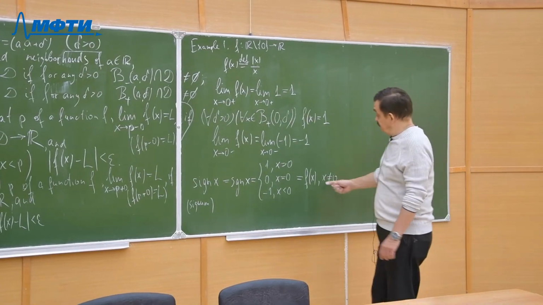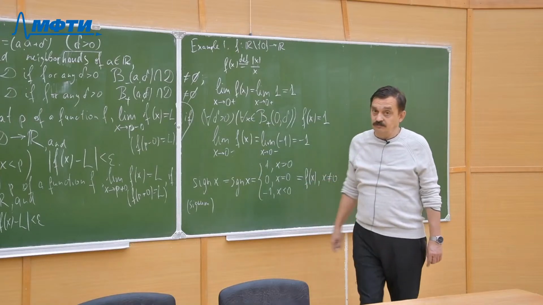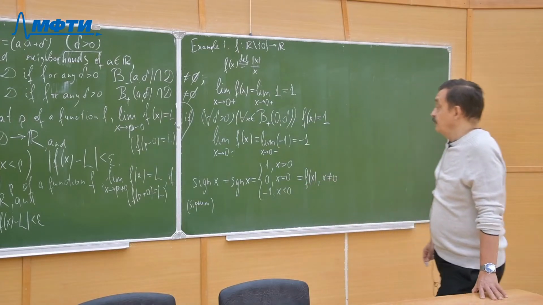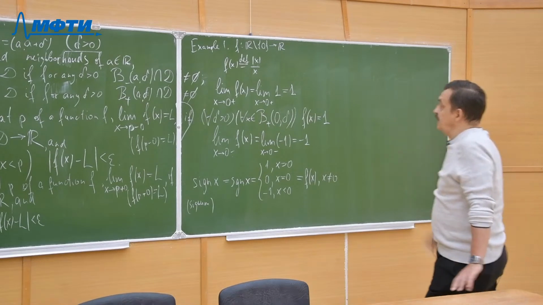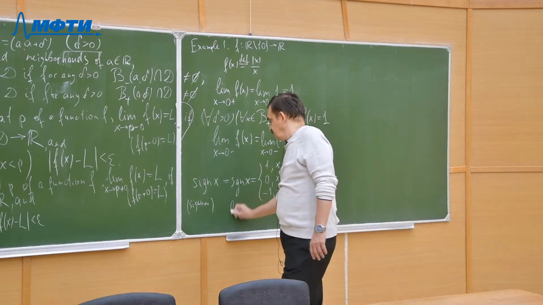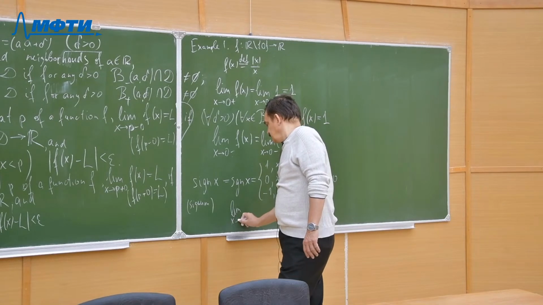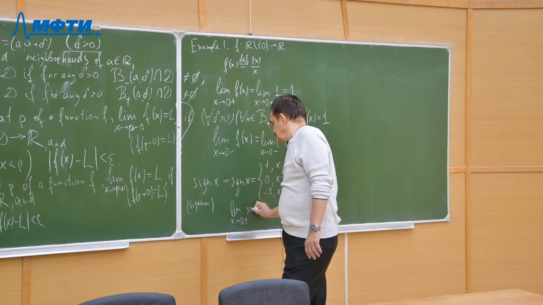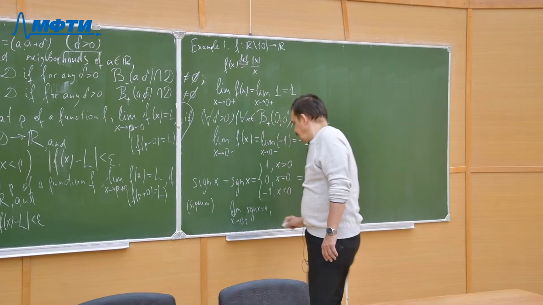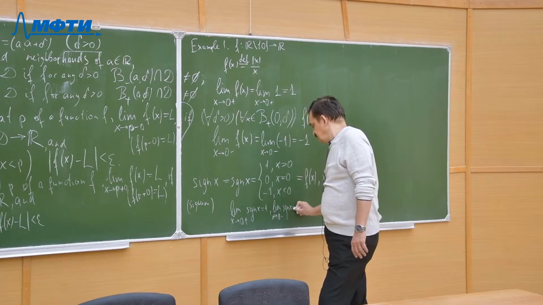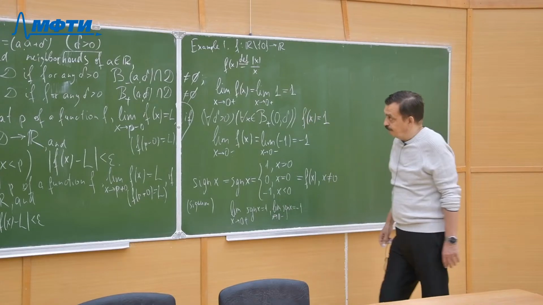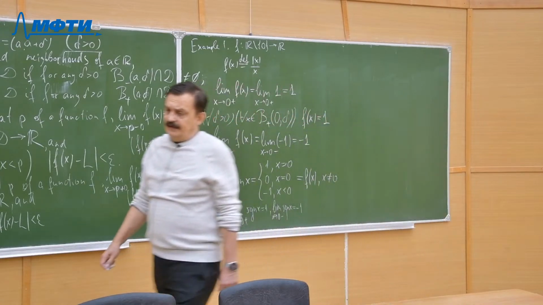And since values at 0 are not important for calculations of limits at 0, the same equalities hold: limit as x tends to 0 plus of signum x equals 1, and limit as x tends to 0 minus of signum x is minus 1. Okay.